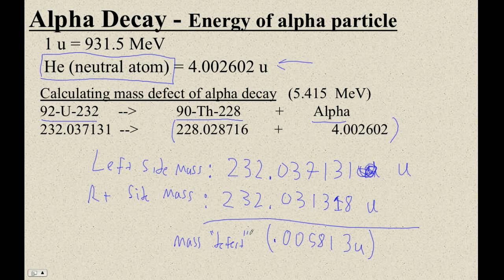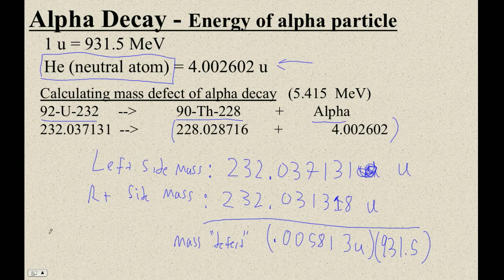And defect is used here in the sense that we expect matter to be conserved. But matter in this case is turned into energy. And then all we do is multiply that mass defect by 931.5. And we're done. So I'm going to go times 931.5.